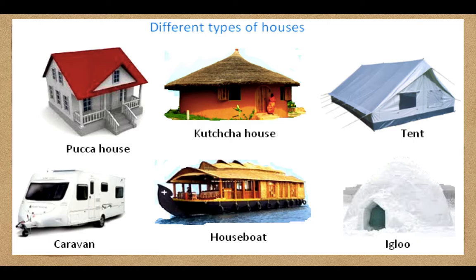Then the tent. Tent is when you go for some activity somewhere and you want to have a night stay there, you can just open up your tent and stay there for a night.